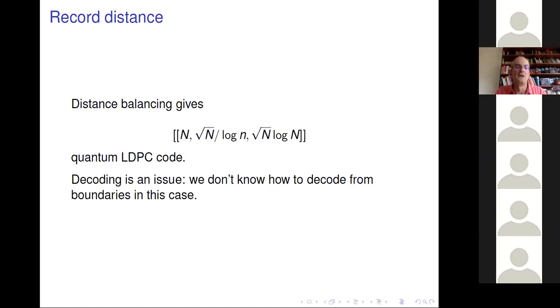This time, the boundary function is more complex than in the previous case, and we don't have this very nice co-boundary expansion. We don't have boundary expansion, and devising a decoding strategy in this case is a challenge. At this point, we don't know how to do it.